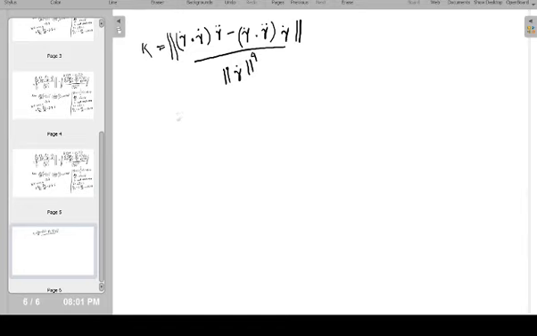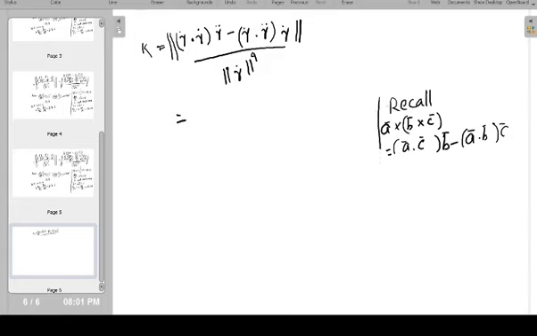Alright. So this is equal to, now recall what is A cross B cross C. This is A dot C into B minus A dot B into C. So use this.